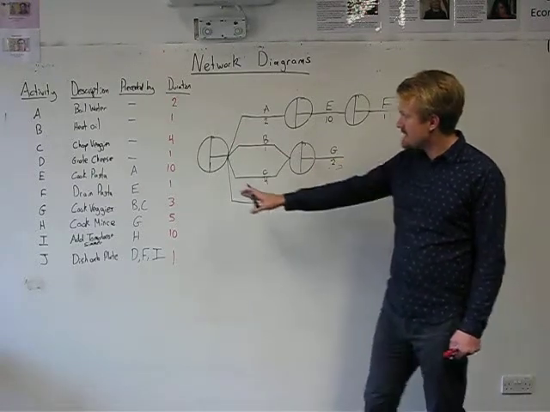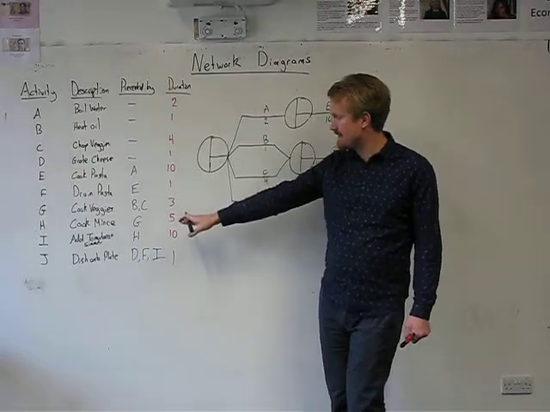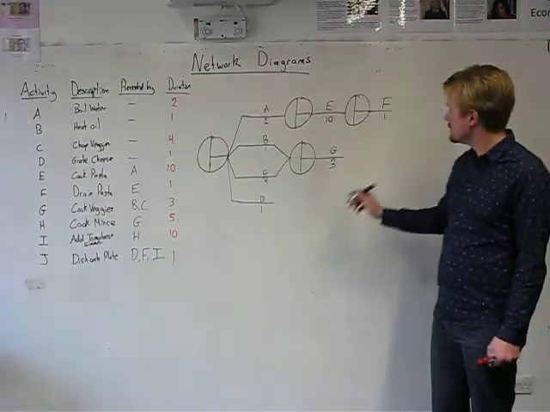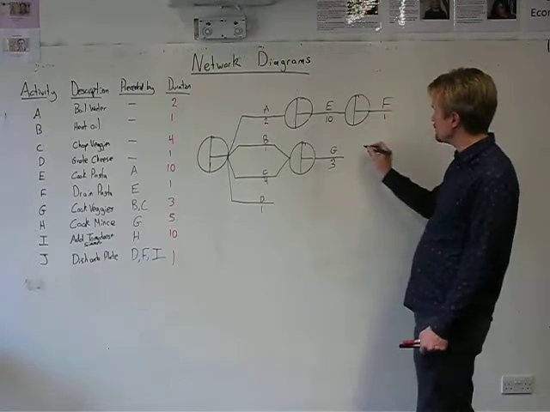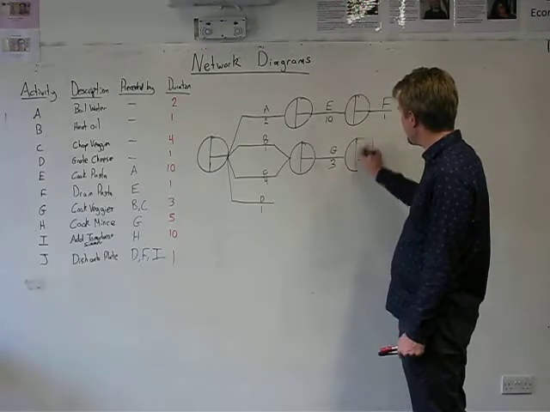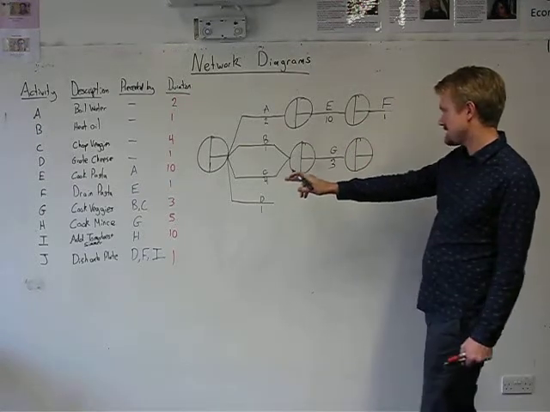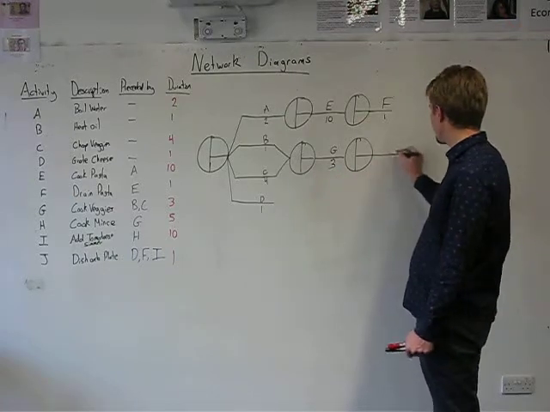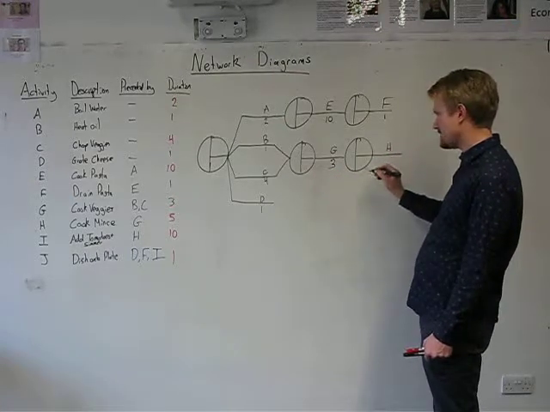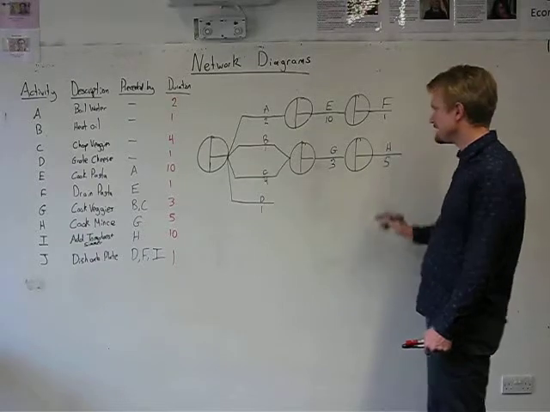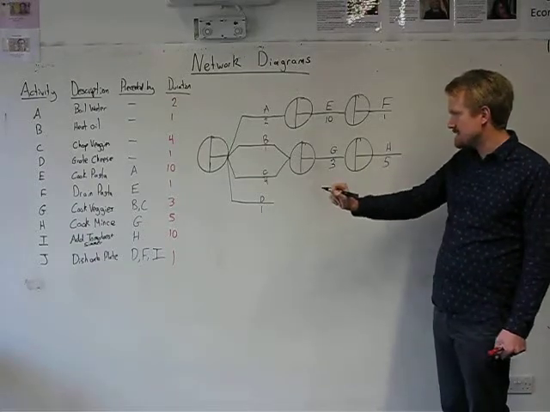Working down the list, task H is dependent on task G. So I say I need a moment in time where G is completed. Draw a new node. Task H is coming off of there. And task H takes 5 minutes. And then I look down the list again.